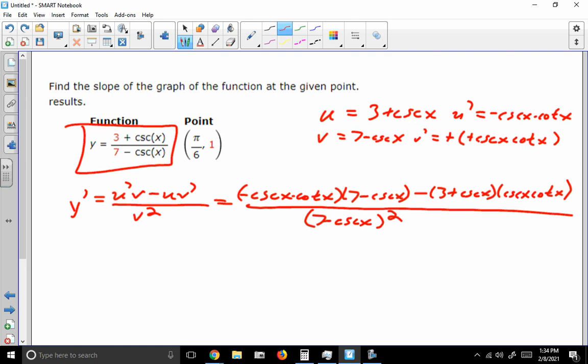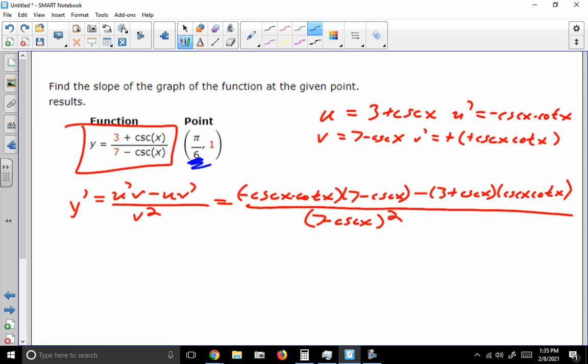Now we could do some distributing. We could combine like terms if we have any, things like that. That would be all fine and dandy, but we're looking specifically for the slope at this point.